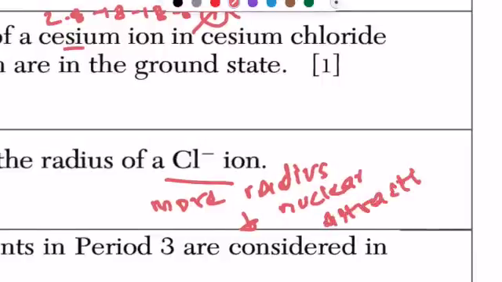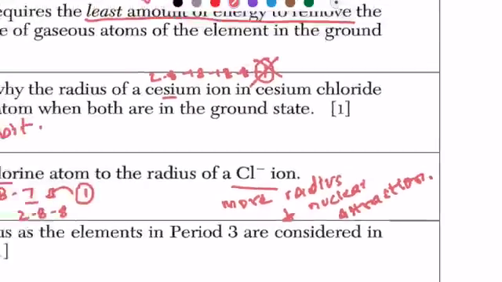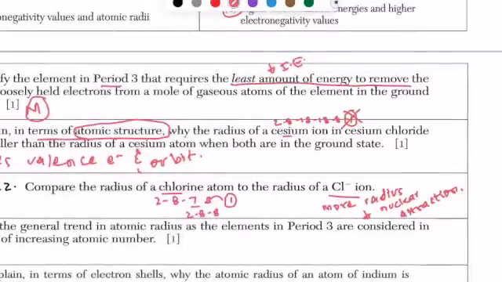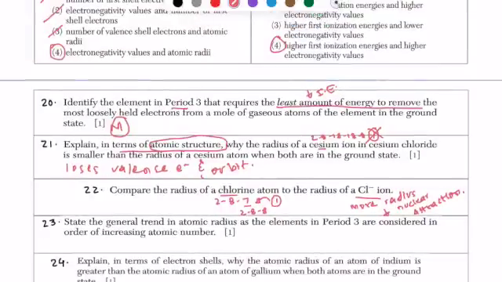When the question is only saying to compare, you can simply say chlorine ion has more radius than chlorine atom. That's it. You don't really have to explain if the question is not asking you to explain.